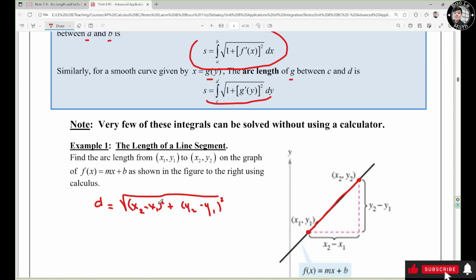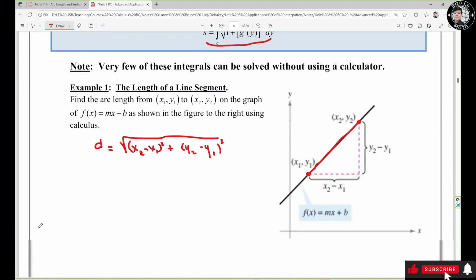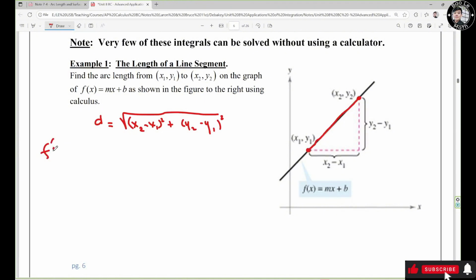Now we're going to start by saying f prime of x. This is actually the slope of the tangent line, right? It's going to be given by the formula (y2 minus y1) over (x2 minus x1), and this is the change in y divided by the change in x, or rise over run, right?